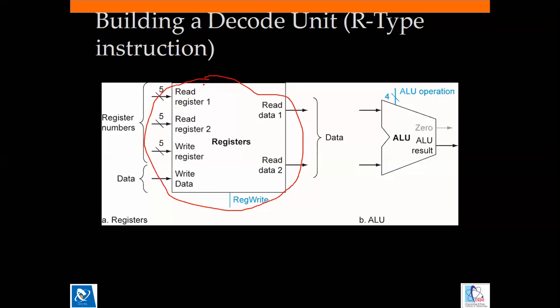So obviously in the register file, I have to specify two inputs. This is the first one and this one is the second input: read register 1 and read register 2. From where will these values come?